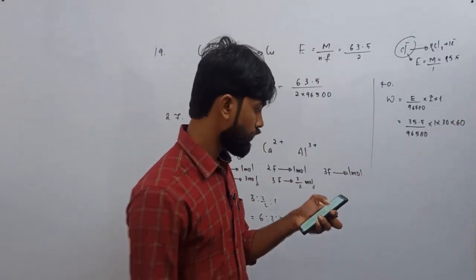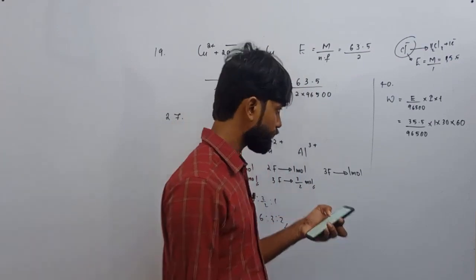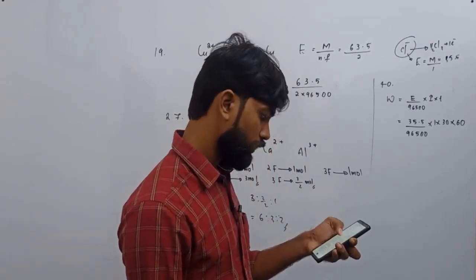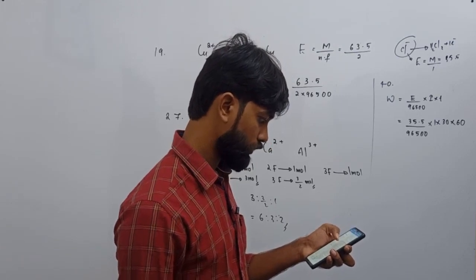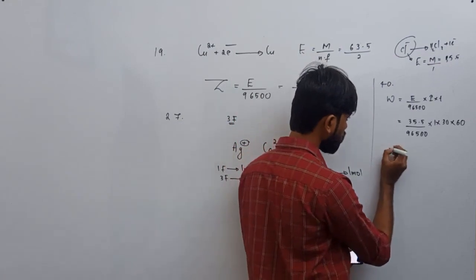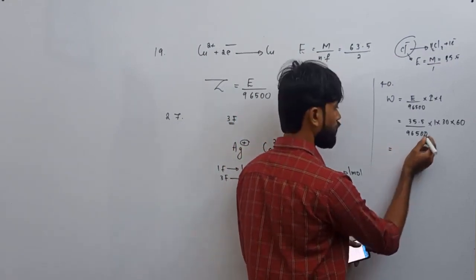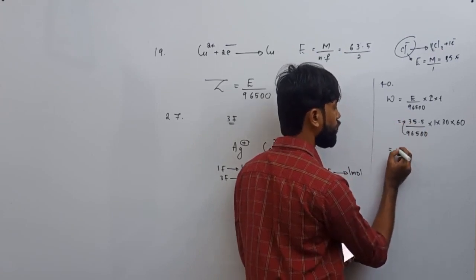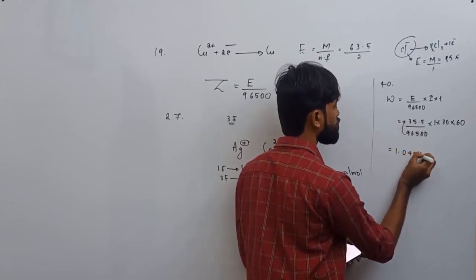So the mass of chlorine is asked. Let's bring 1 divided by 96500 to the top. It becomes 1.04 into 10 raised to minus 4, right?